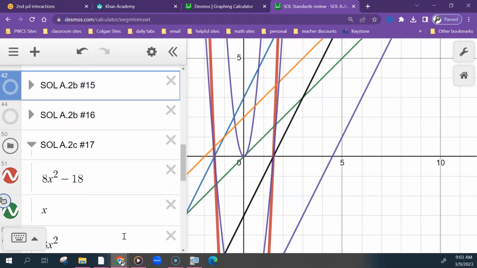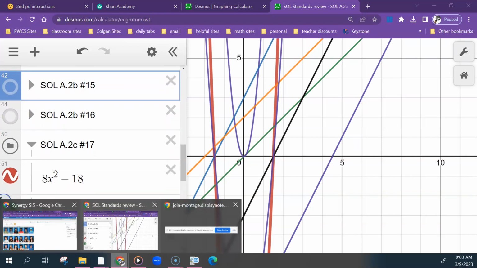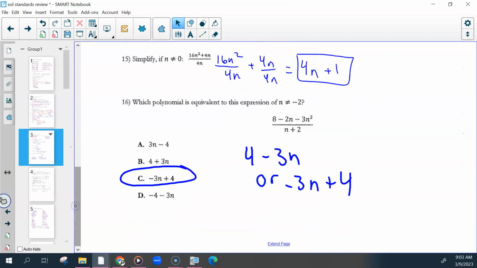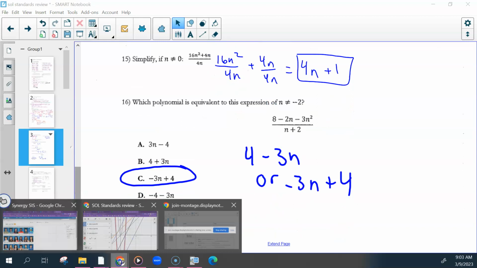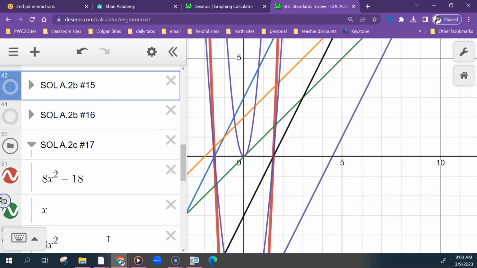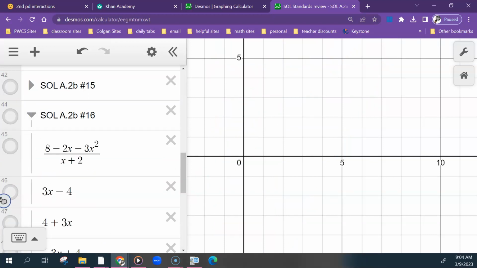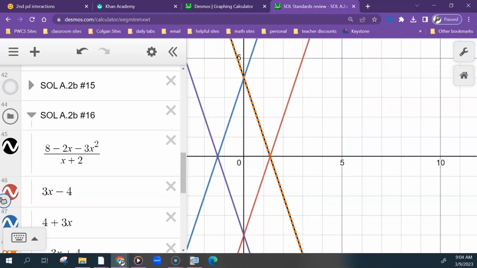So 17 was your multiple choice one, if I'm not mistaken. Unless I didn't mean that correctly. Oh, that's not the one. Okay, this one was multiple choice, but I chose the one now.